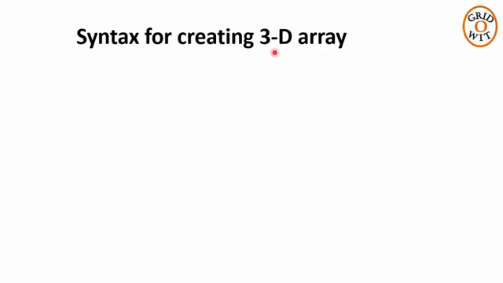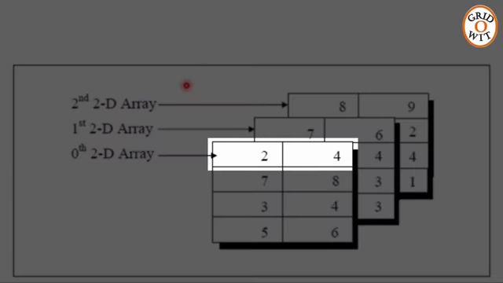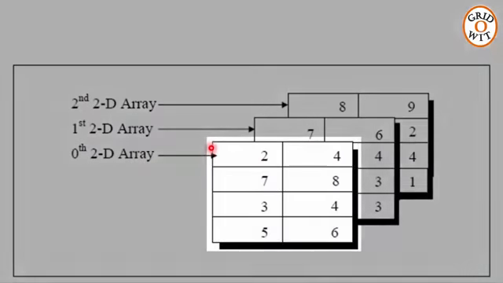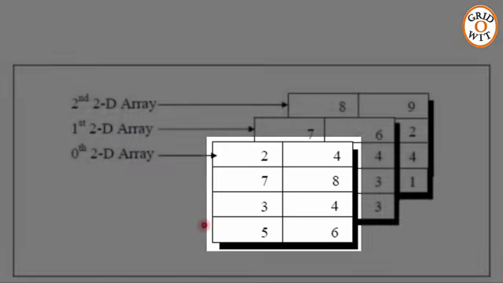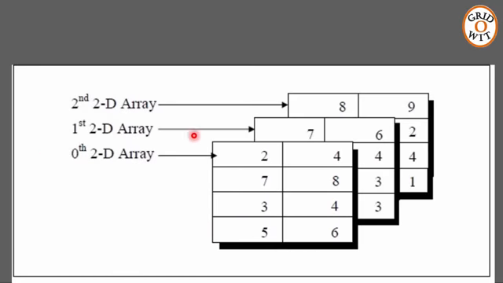Now let us see what is a 3D array, when we will require a 3-dimensional array, and what is its syntax. In a 1-dimensional array we have only one row, different columns but only one row, right? In a 2-dimensional array we have rows and columns, or we can say a 2-dimensional array is a collection of 1-dimensional arrays. Similarly, a 3-dimensional array is a collection of 2-dimensional arrays.